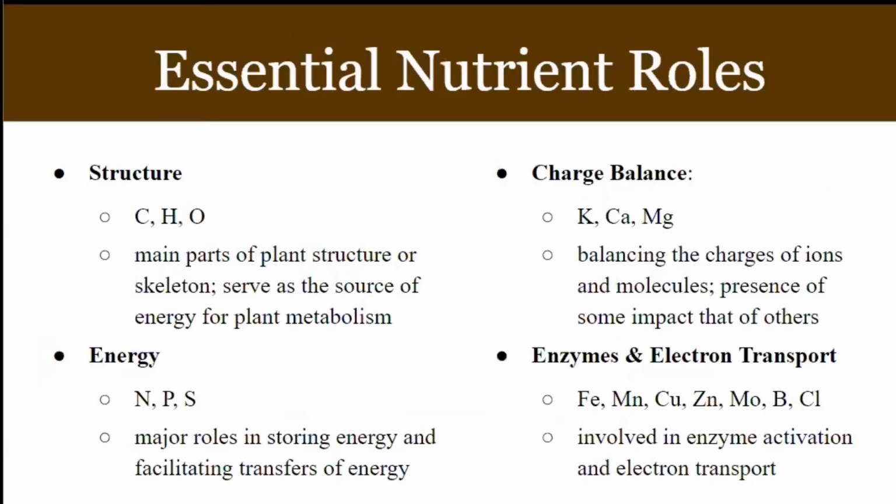Okay, so what are all of these nutrients doing? All of them have very specific roles and they take on multiple roles. But for the structural elements that are of the macronutrients, you have, again, that's carbon, hydrogen, and oxygen, and they're the main parts of a plant structure or skeleton, and they're serving as the source of energy for plant metabolism.